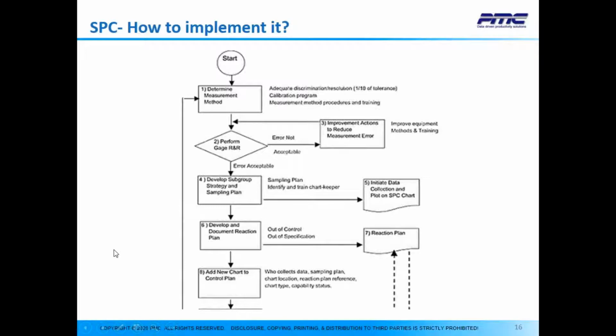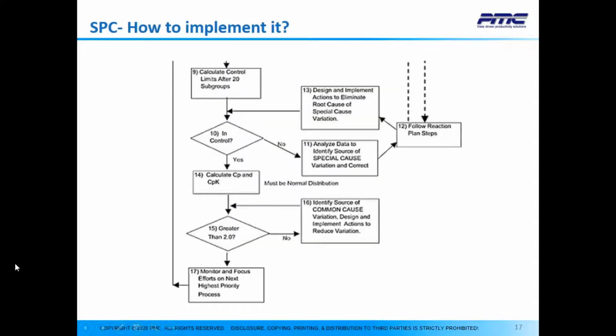And step 6, calculate the control limits after 20, 25 subgroups. 7, assessing the control. It's right here, reaction plan. 8, analyzing data to identify the root cause and the corrective action. 9 is design and implement actions to improve process capability. 10, calculate the Cpk and compare to the benchmark.